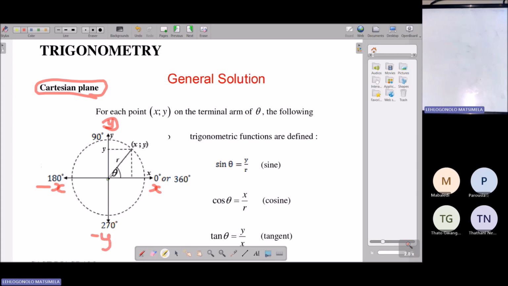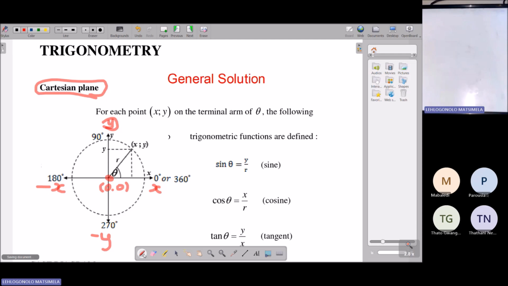So over here, this point is the origin. The coordinate of the origin is 0 and 0, or 0 is to 0. On this one, we are not mostly focusing on the coordinates, but on the angles.